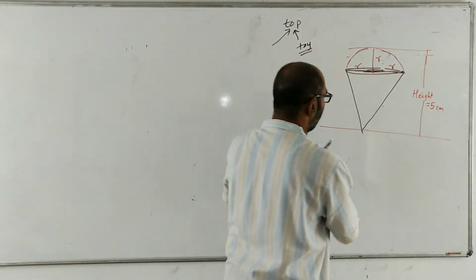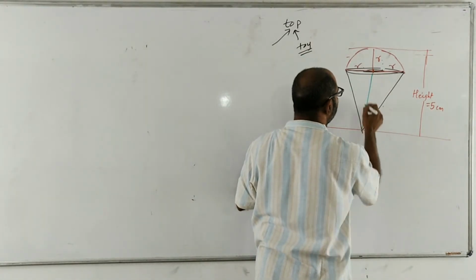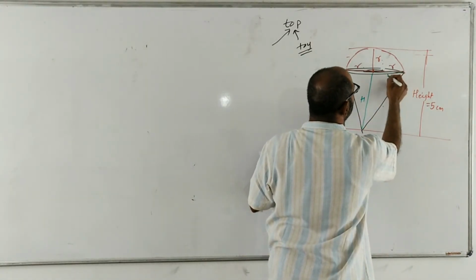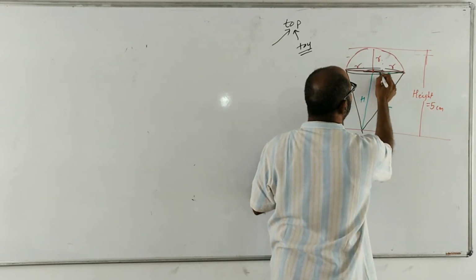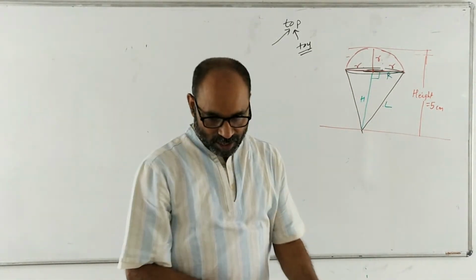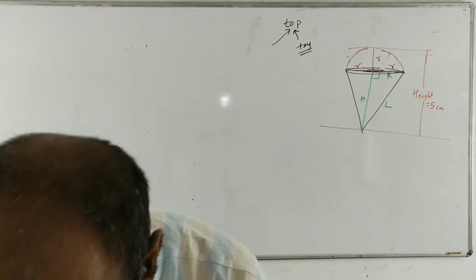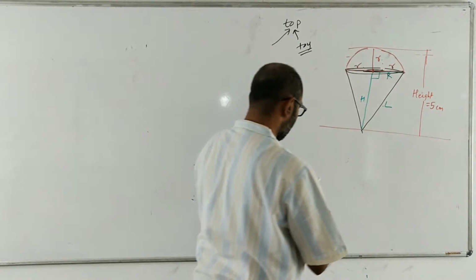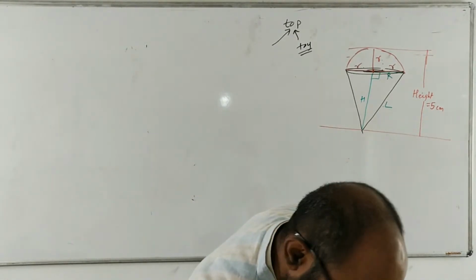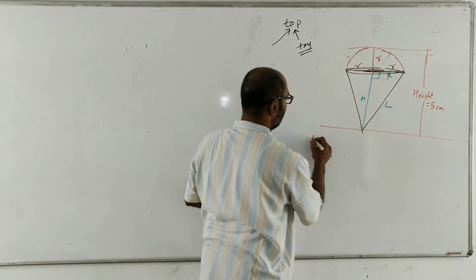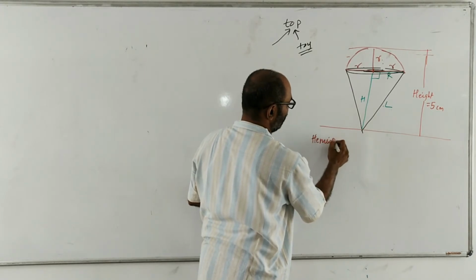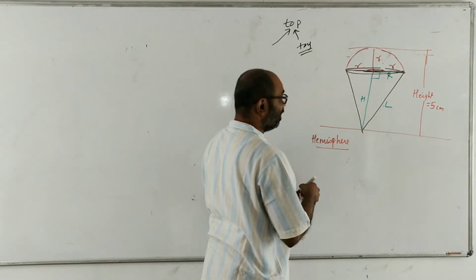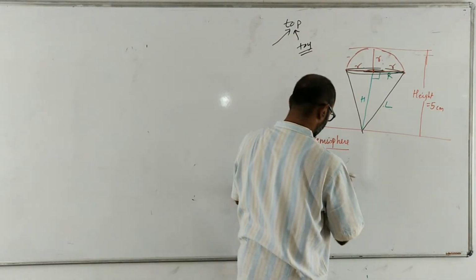And for cone, this is height h, this is radius and this is slant height. Children, I am going to put two words here. One is hemisphere, and other is cone.